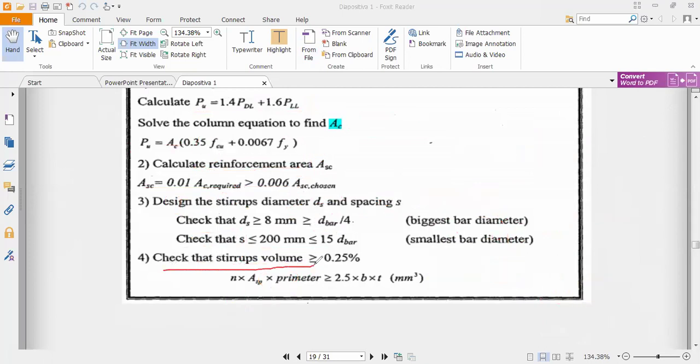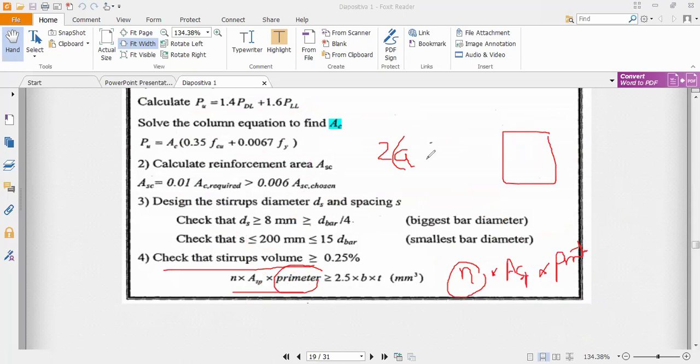Check the stirrup volume. Its equation: N. What is the meaning of N? Number of stirrups per meter. Okay, good. Multiply by the area of the stirrups. Multiply by the perimeter of the stirrups. Perimeter means 2(A plus B). Understand? It's simple.